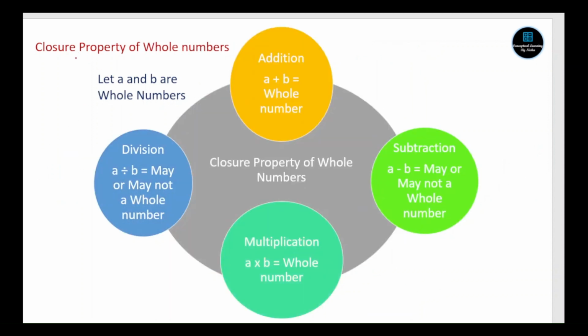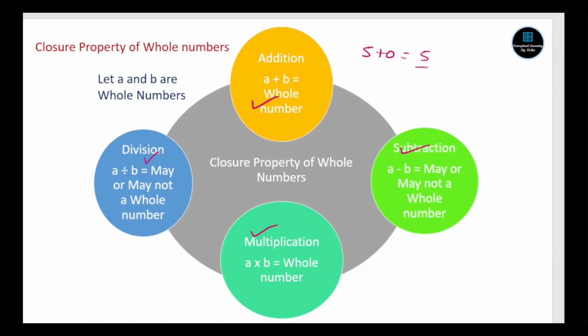Now we'll discuss the closure property for whole numbers. Again, it is valid for addition and multiplication, but not valid for subtraction and division all the time. Let's understand with numbers. Whole numbers start from 0. If I consider 5 plus 0, I'll get 5.